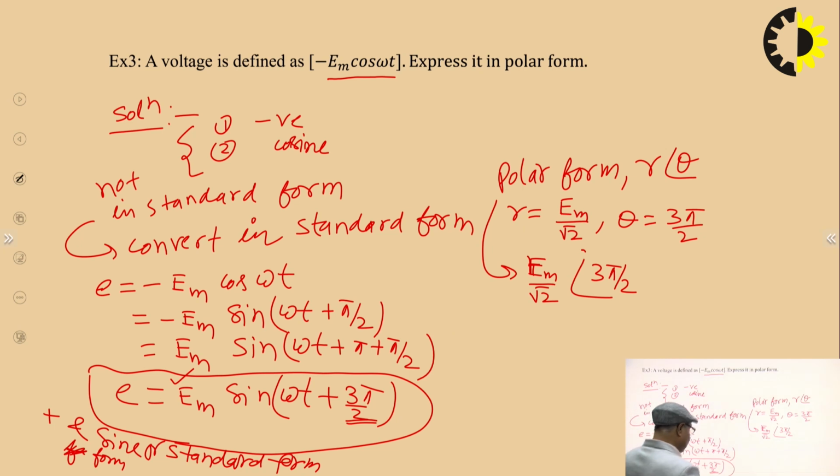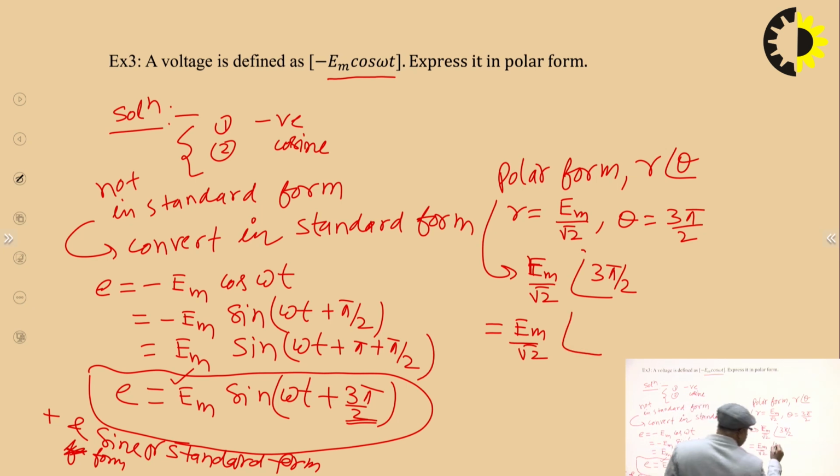It means Em by root 2 angle 270 degree, or 270 degree is equivalent to minus 90 degree. Same we can write minus 90 degree. How?